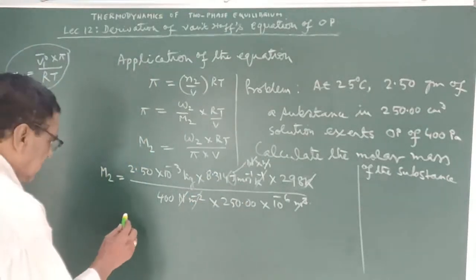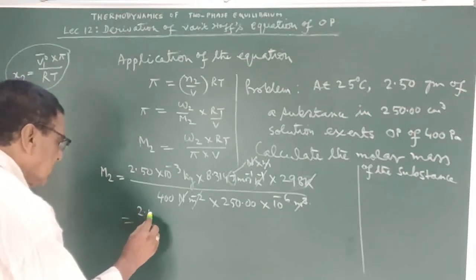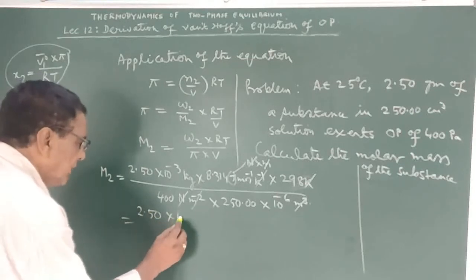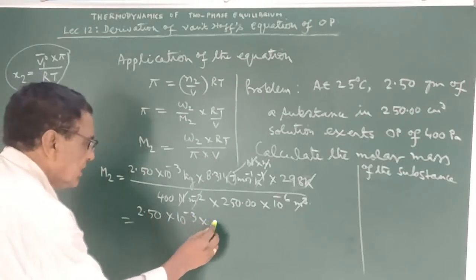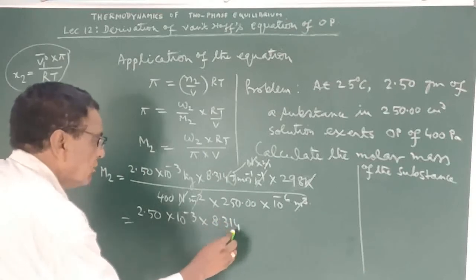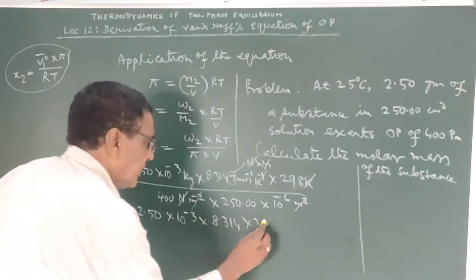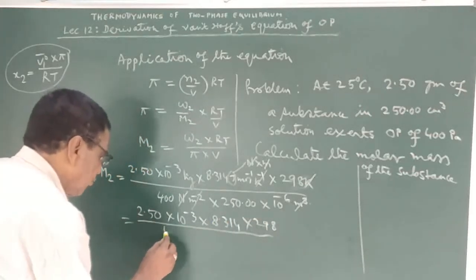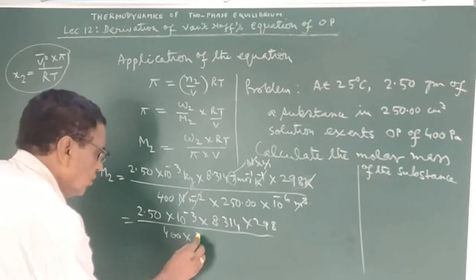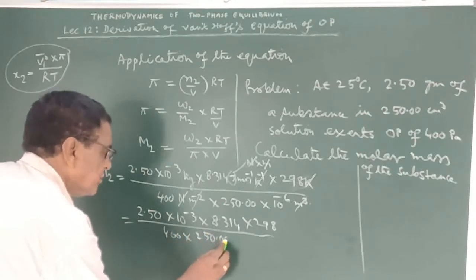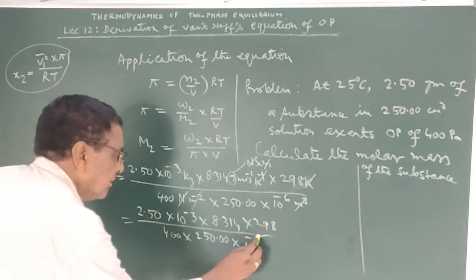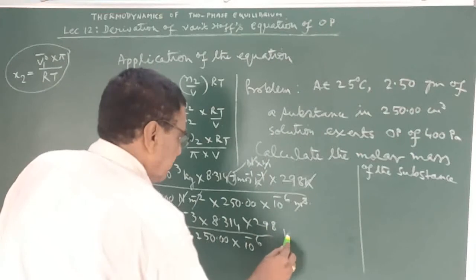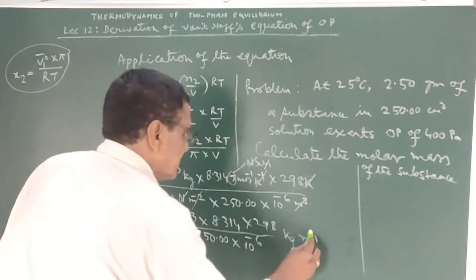So all the units cancel, except 2.50 into 10 to the power minus 3 into 8.314 into 298, divided by 400 into 250.00 into 10 to the power minus 6, and the unit will be kg mole inverse.